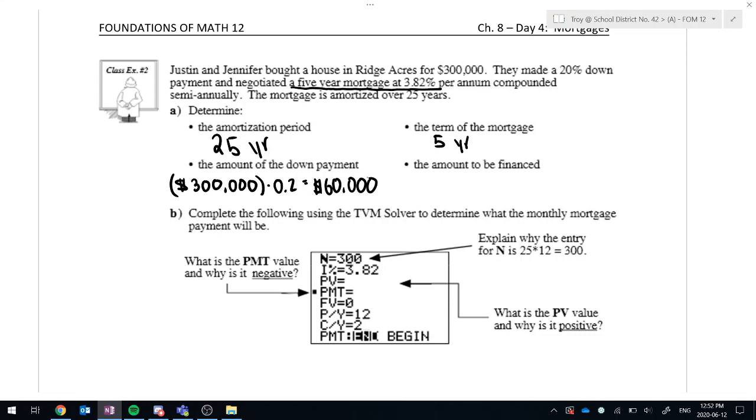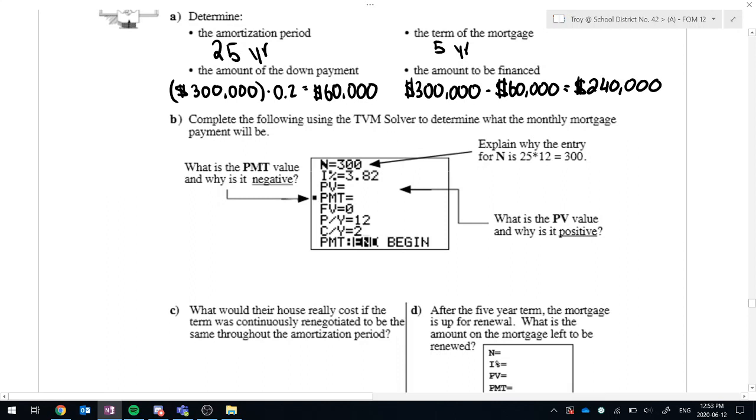So of course that's going to be 300,000 minus their 60,000 down payment, and the interest is going to start being calculated on their remaining $240,000.